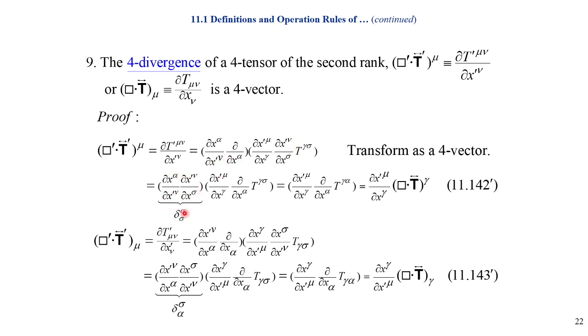So eventually we got a Kronecker delta again. This Kronecker delta σ α, so we can turn σ α into an inner product. So it becomes the four divergence of a four tensor of the second rank, and the component is gamma.